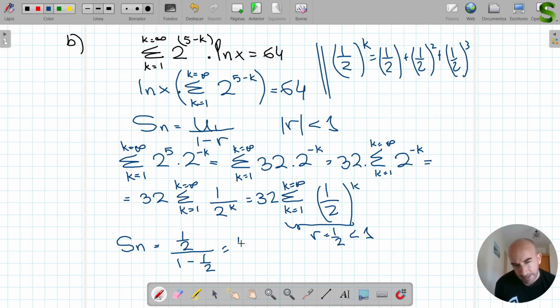So that's 1 divided by 2 times 1 minus a half, which is a half. And 1 half divided by a half is 1. So the sum to infinity of that series is 1.